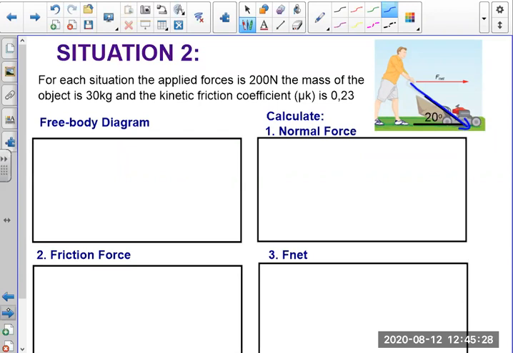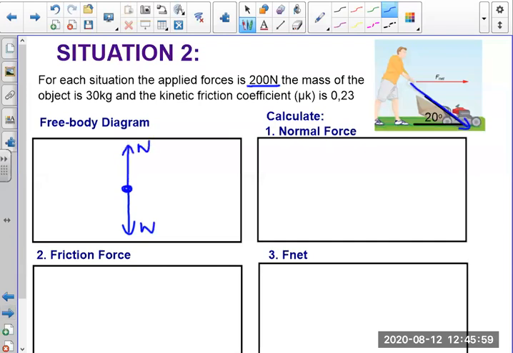All right. Now, when I look at this, I remember that the applied force is still 200 newtons. The mass of the object is still 30 kilograms. And the kinetic friction coefficient, because this object is moving, is still 0.23. When I draw the free body diagram now from a dot, I'm going to have the weight or the gravitational force. I have the normal force.